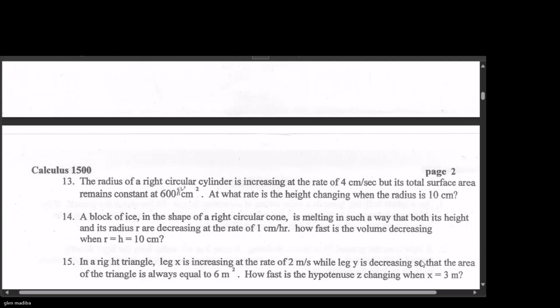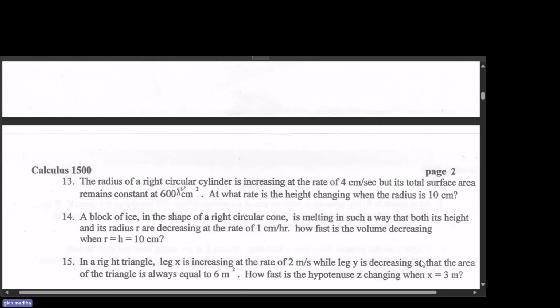Now, we were told in this question that dx over dt equals 2. Do we agree? Yes, sir. Plus x is 3 multiplied by dy over dt.